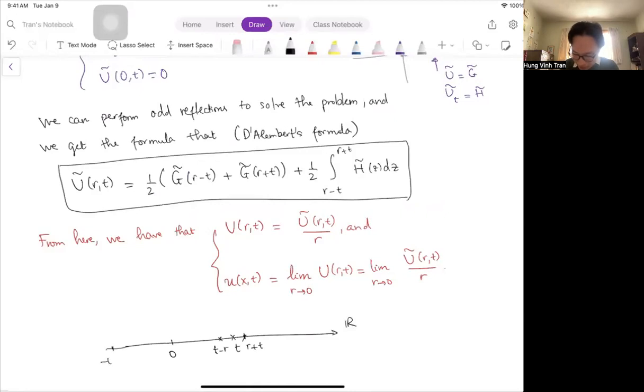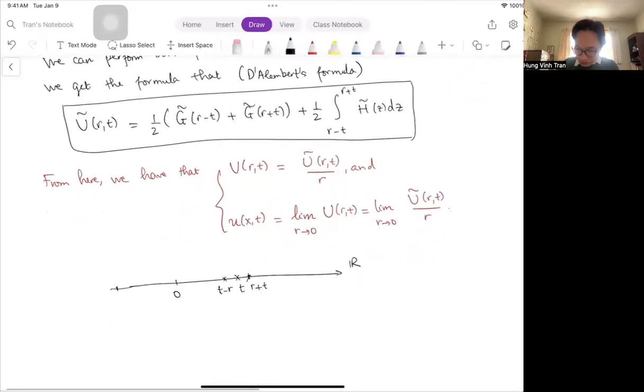This is minus t. But the point of r minus t is somewhere here. r minus t is negative because r is going to 0, so r minus t is approximately minus t.